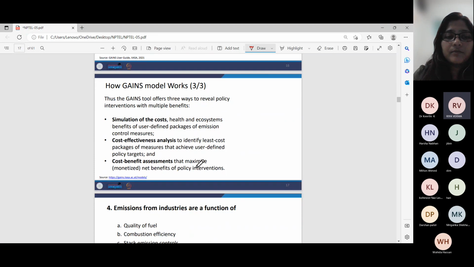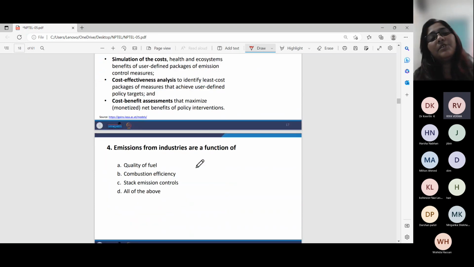Now, your next question. The emissions from industries are a function of: first, your quality of fuel, second is combustion efficiency, third is your stack emission controls, and next is all of the above. So, what kind of emissions are expected from industries, and on what factors do those emissions depend?